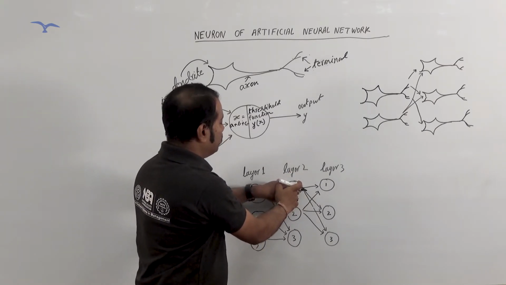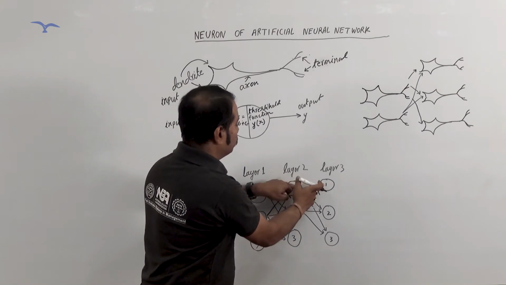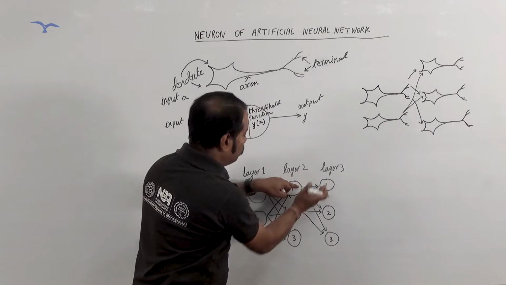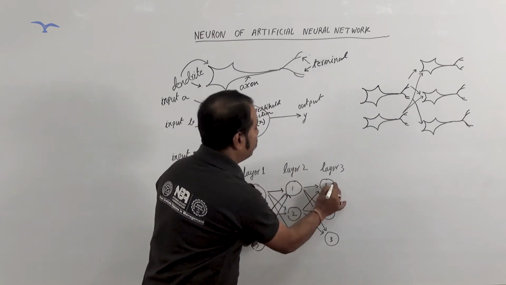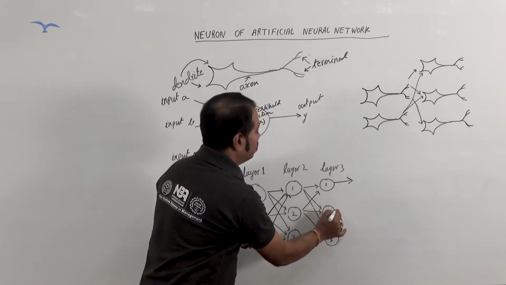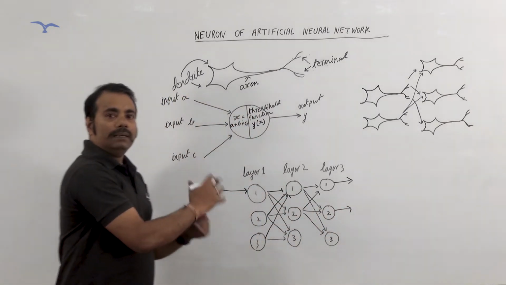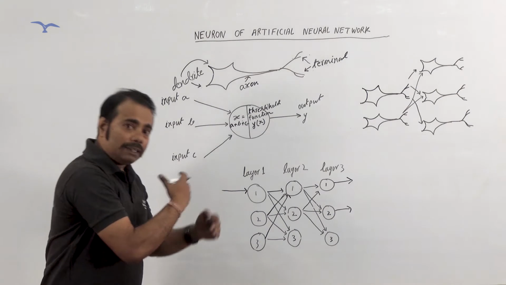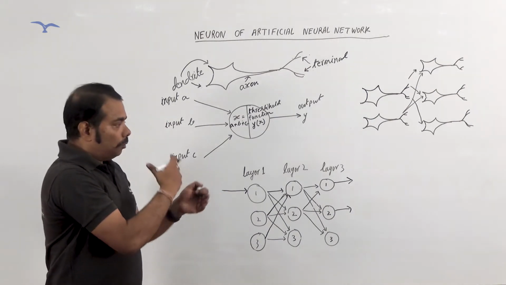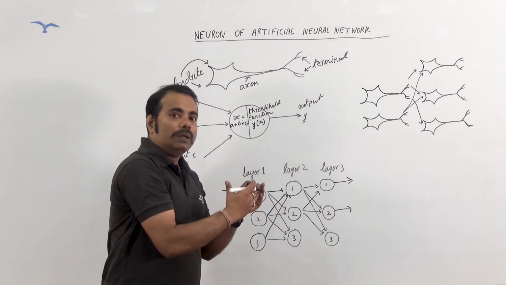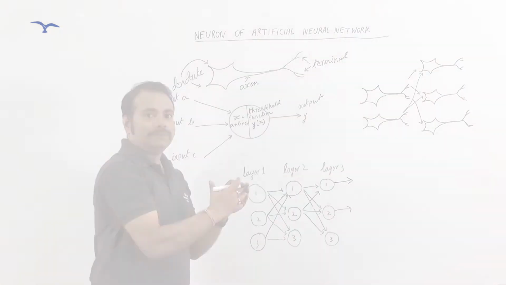If output is generated, then that output is fed to this neuron. In a similar way, this neuron is accepting output from this neuron or this neuron, and then an output is getting generated from here. So this is the way neurons make up the entire artificial neural network, the same way multiple neurons make up a biological brain.